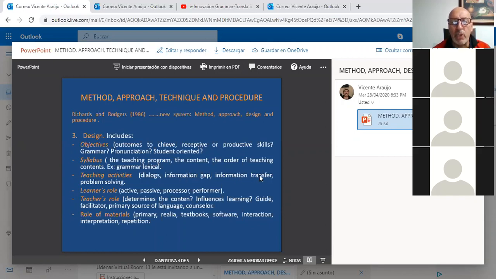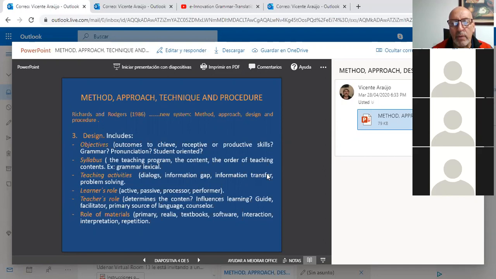The other one is information transfer. That's another activity. Transfer means change. So I could ask you to watch a video, and then write in a chart the most important ideas.